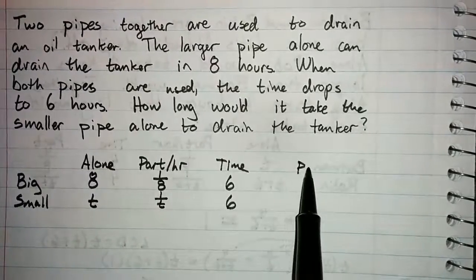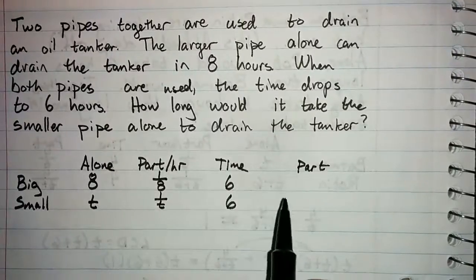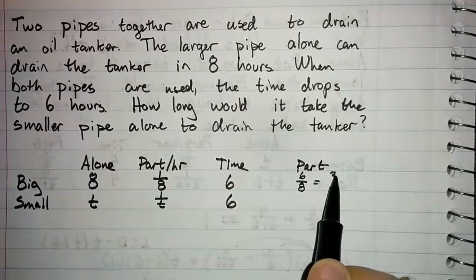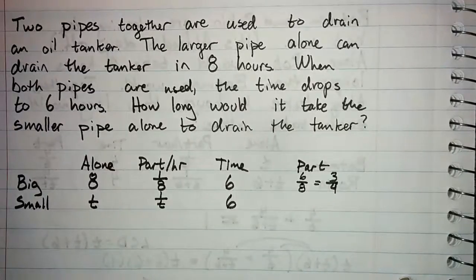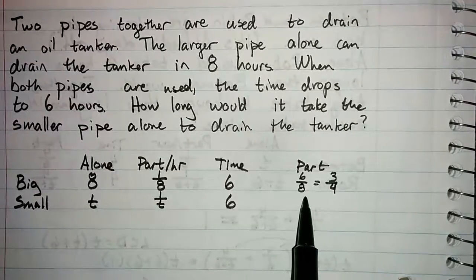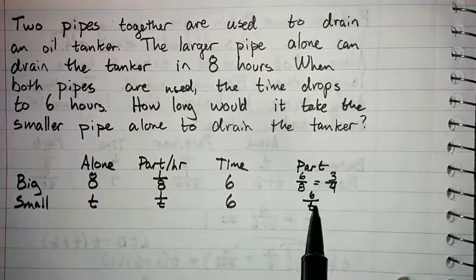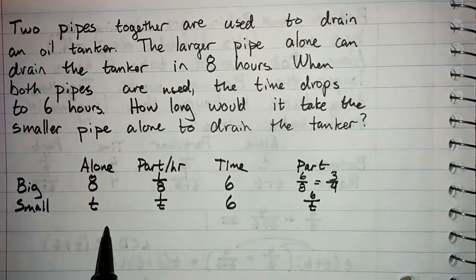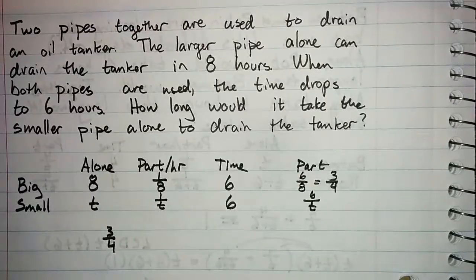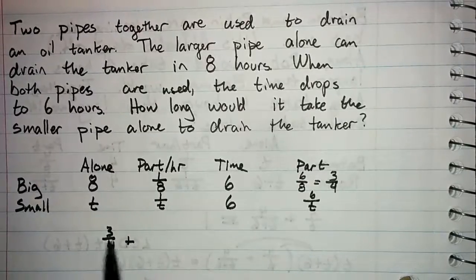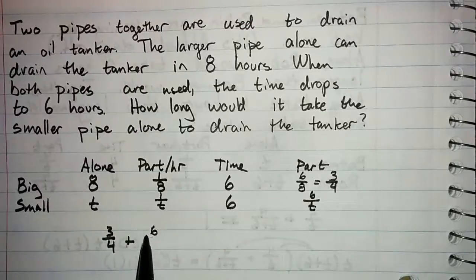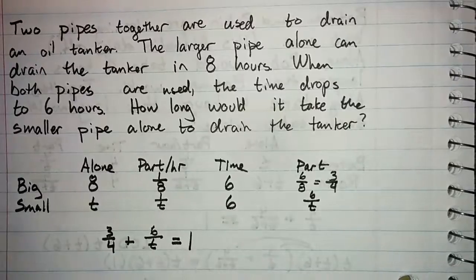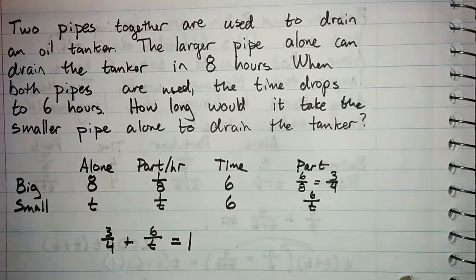And so, in 6 hours, the big pipe drains 6/8 or 3/4 of the tanker, and the small pipe drains 6/t of the tanker. So working together, the big pipe drains 3/4 of the tanker, and the small pipe drains 6/t of the tanker, and between them they drain the whole tanker.